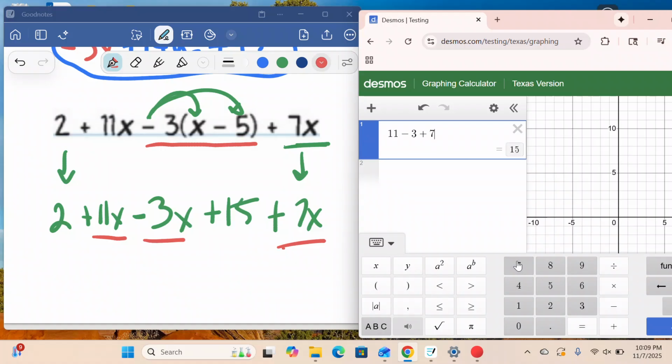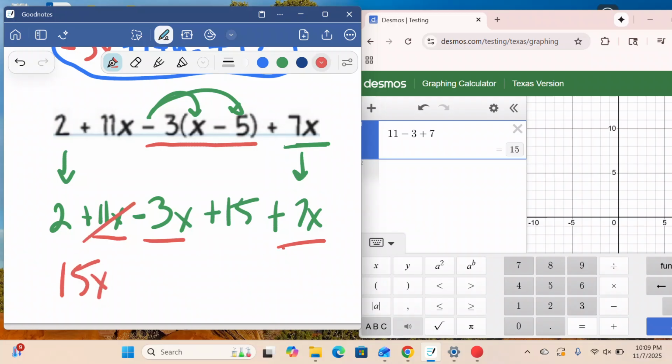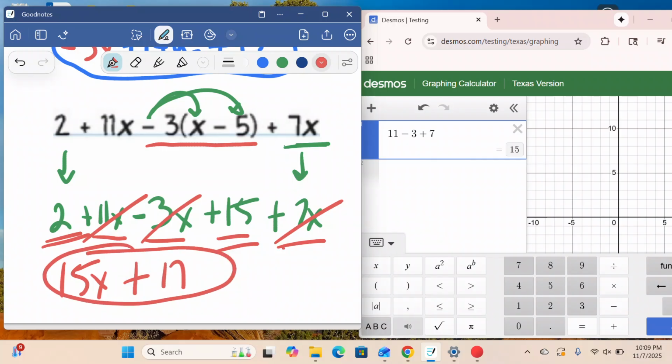You add them up, and it gives you positive 15x. So I got all these. I put down 15x, and I can get rid of those because I already did the math. And then I have a positive 15 here and a positive 2, which gives me a positive 17. So that is my answer for a distributive property.